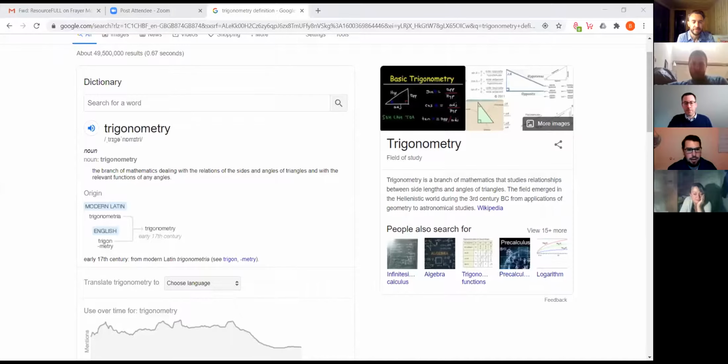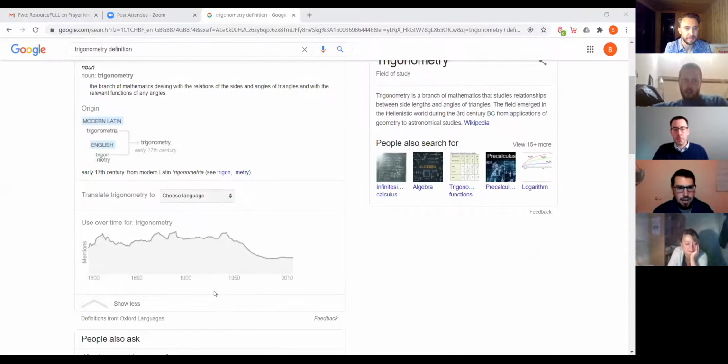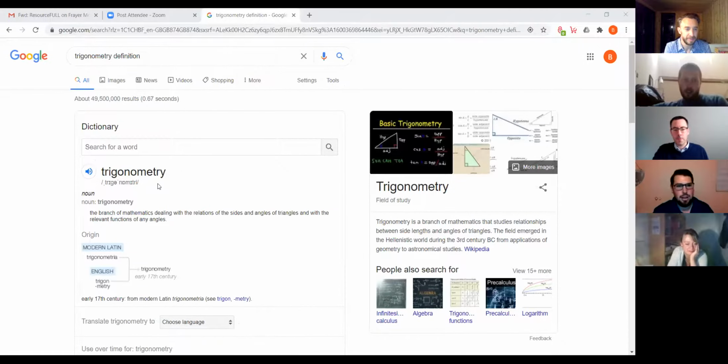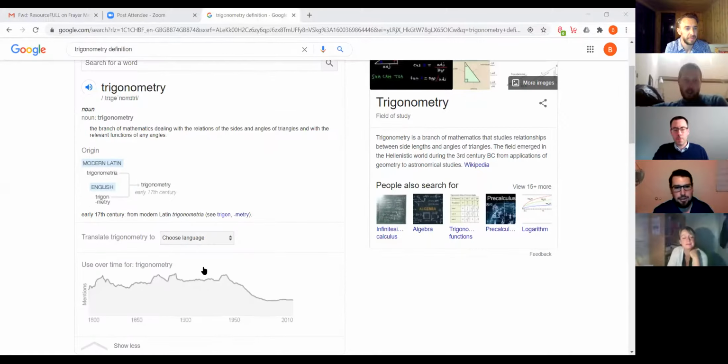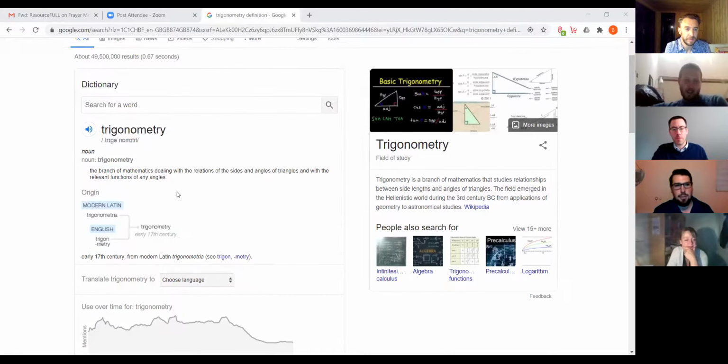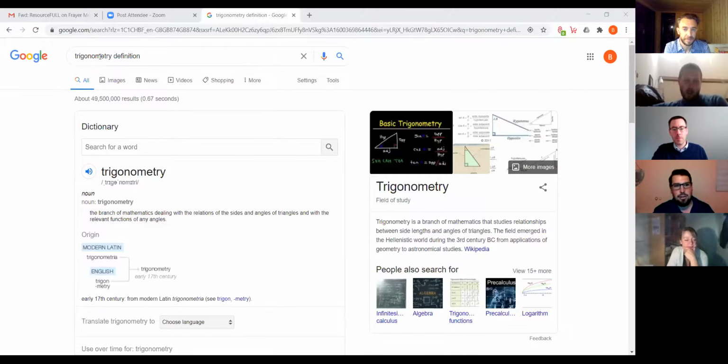If you just type in the word and definition, so we looked up trigonometry, it brings up the dictionary definition, but there's also a space for you to drop down, and it gives you the word roots. It'll give you that etymology, where it comes from, and how it's used.